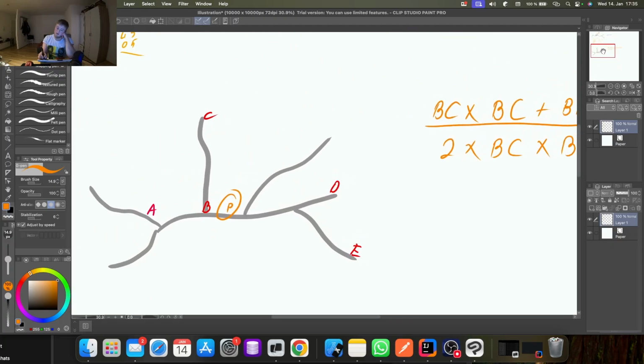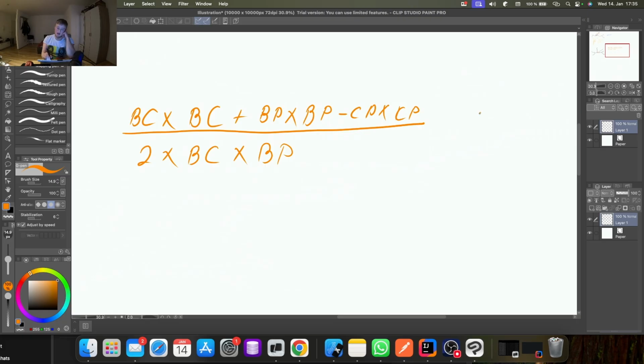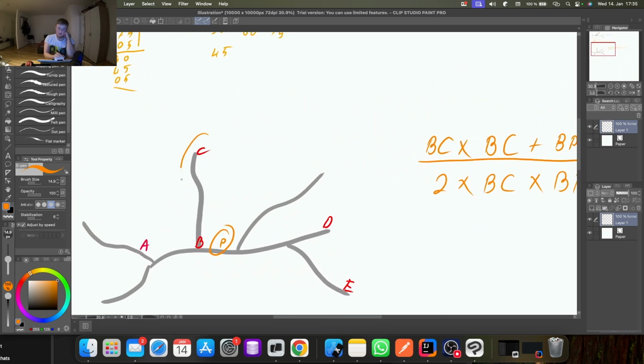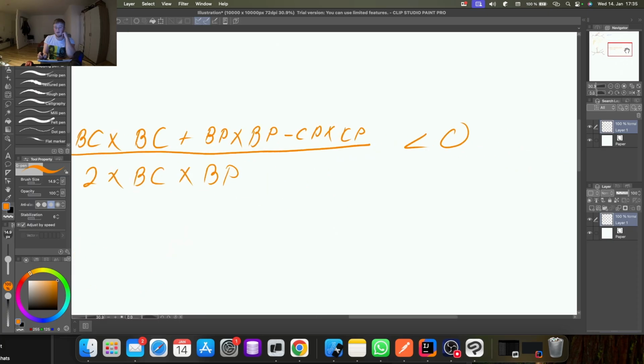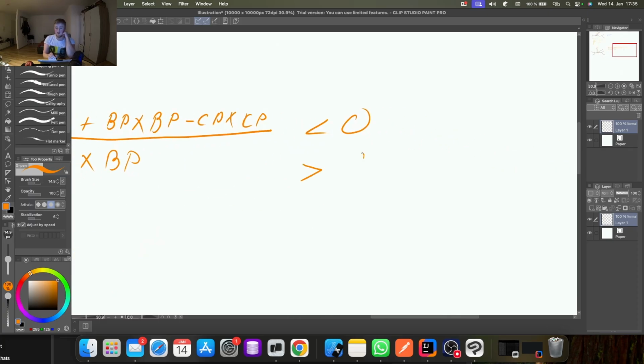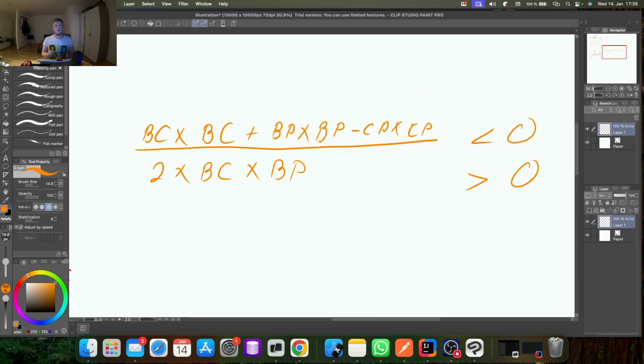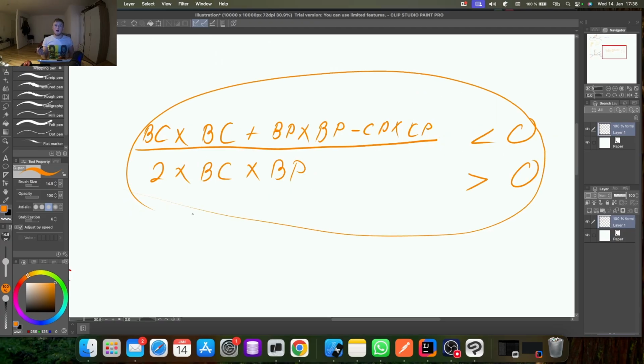And if the number is less than 0, then it means P is before C. And if the number is bigger than 0, then it means it's after. Now, because we have a solution, we are coming back next time with this.